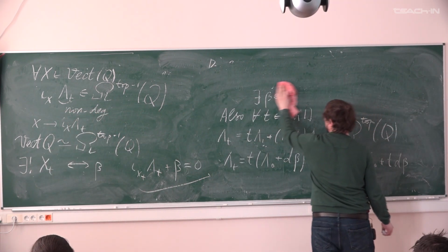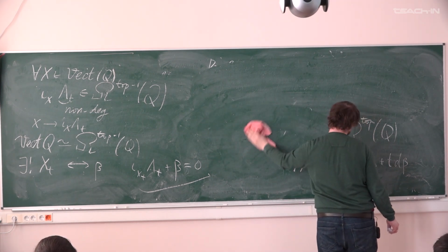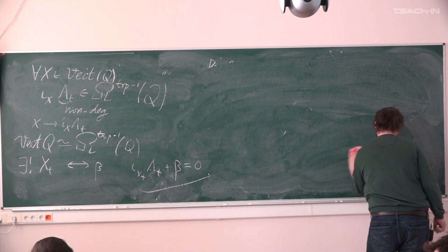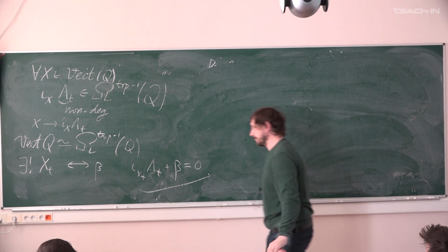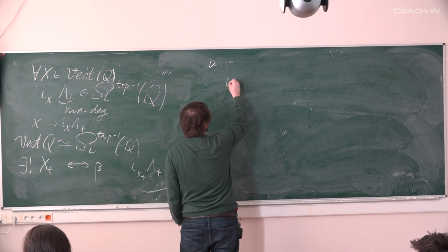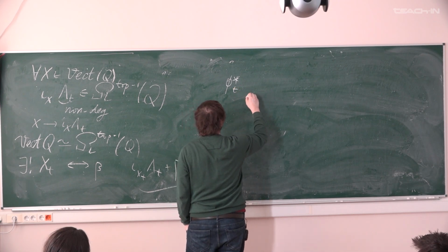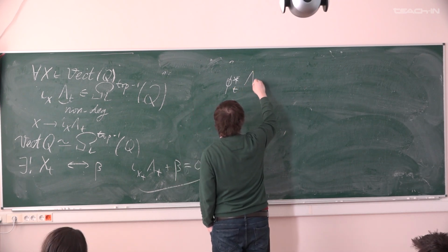So I take this vector field, which is time dependent. I consider its flow phi star of t and apply it to lambda t.